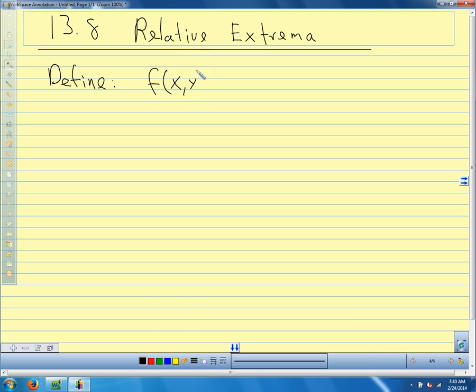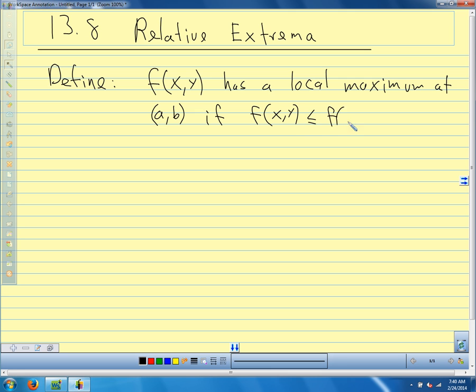Our function has a local max at some point (a, b) in this closed bounded region if f(x, y) is less than or equal to f(a, b) for some open disk around (a, b). So this is saying that somewhere close around this point (a, b), our function is less than the function value at the point. That gives us a local maximum.